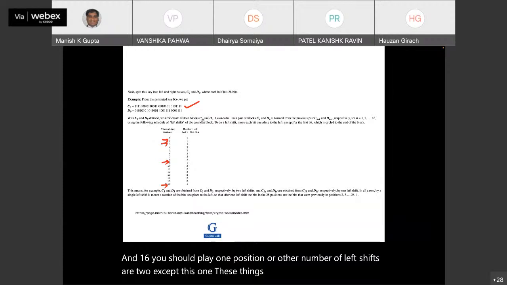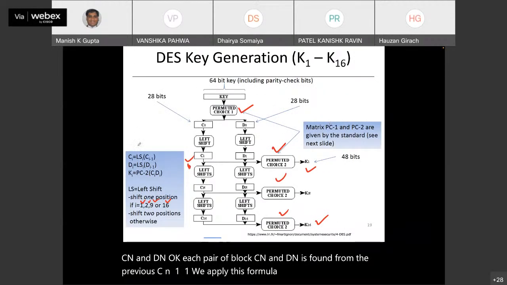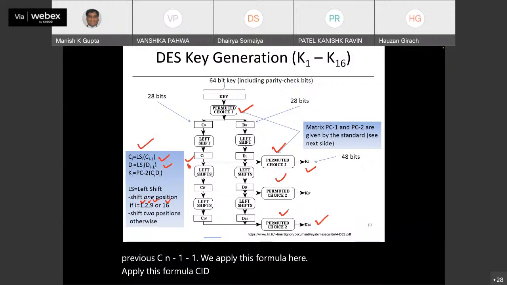We now create 16 blocks, Cn and Dn. Each pair of blocks Cn and Dn is found from the previous Cn minus 1, Dn minus 1. We apply this formula: Ci, Di by left shift, and then apply Ki as PC2 of Ci Di.